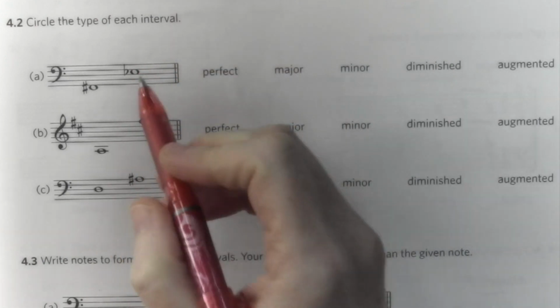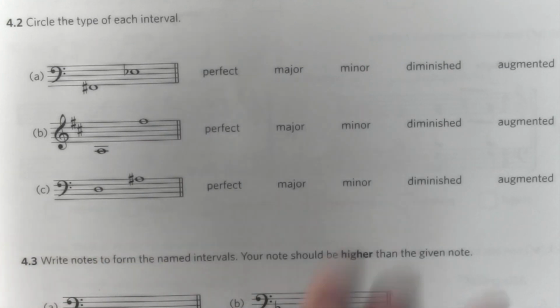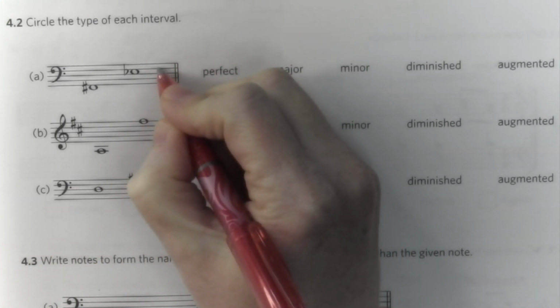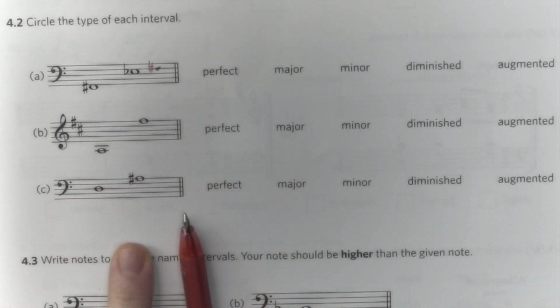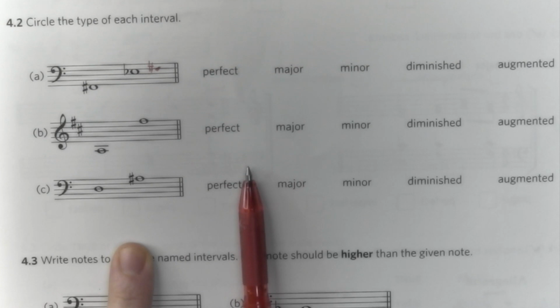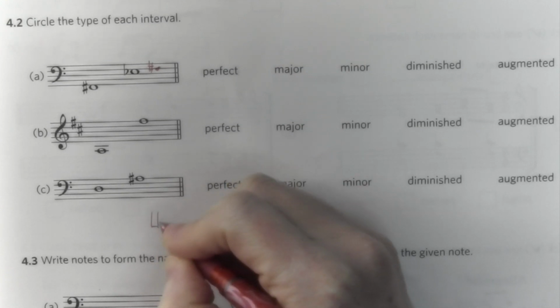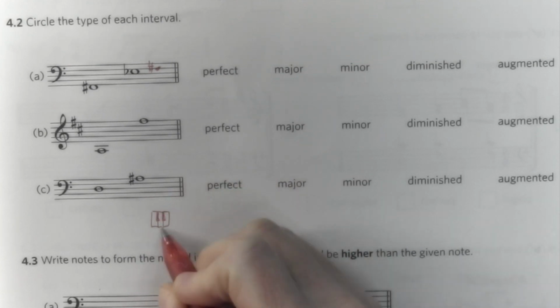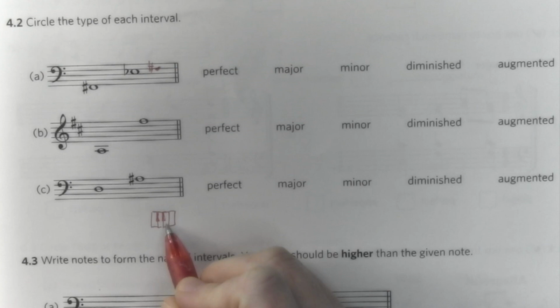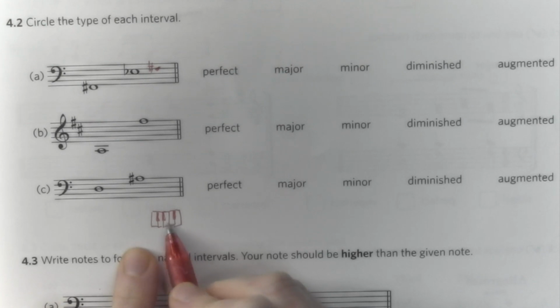Now to figure out what kind of distance there is here, there are so many tricks that you can use, but the quickest is this. Flip them round and go here. Mi flat and fa. Mi fa is a minor second. Okay, mi fa is a second.